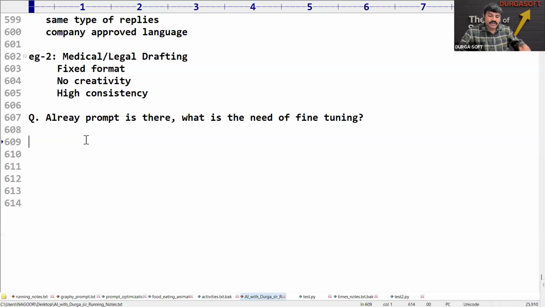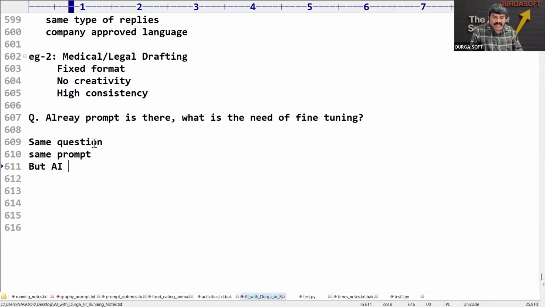Already prompt is there, so what is the need of this? Same question, same prompt, but AI gives different style answers every time.